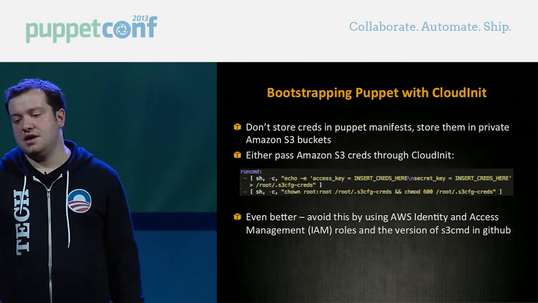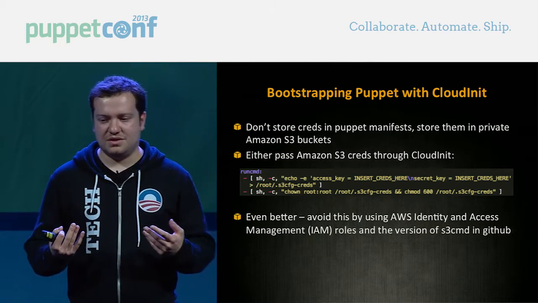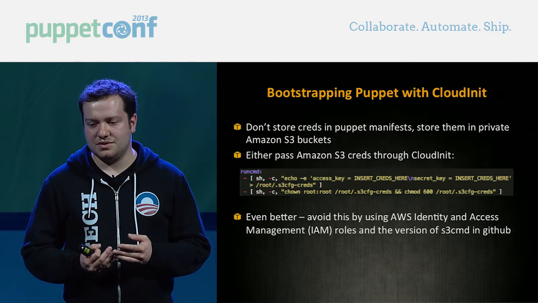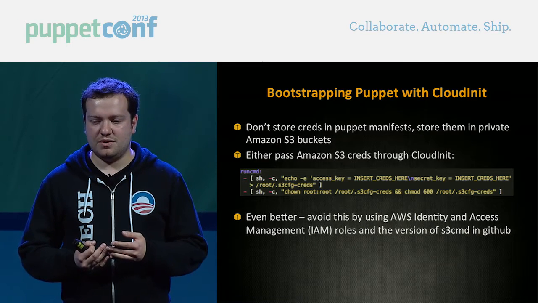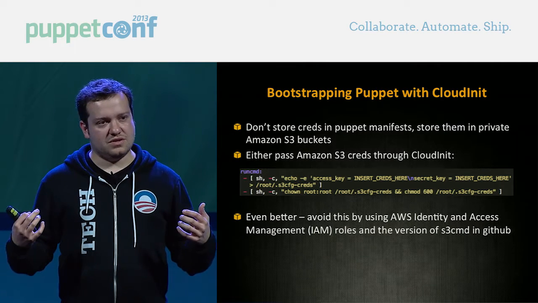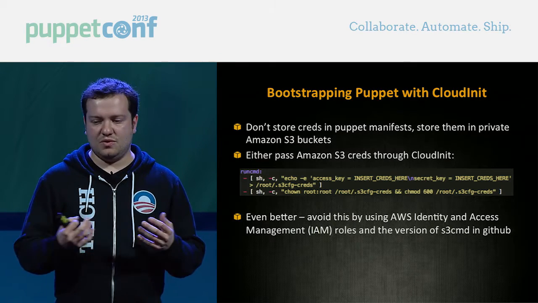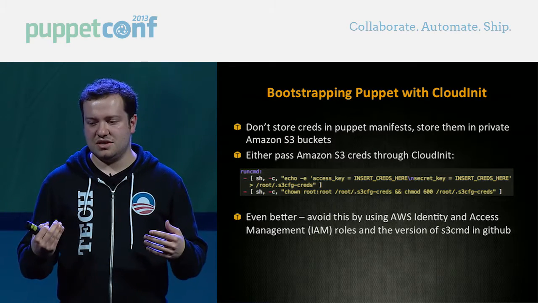The other thing is you don't want to store creds in your Puppet manifest, or at least we didn't want to. So we store them in private S3 buckets. There's two ways to then use that, right? When your instance spins up, you want it to have access to these S3 buckets.